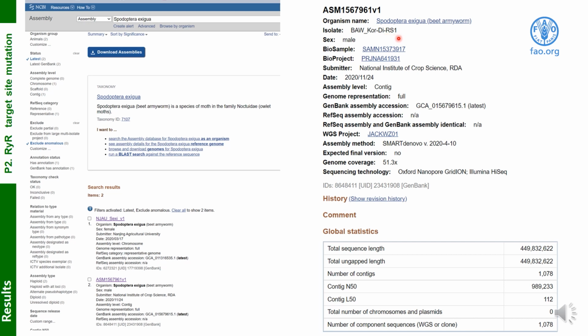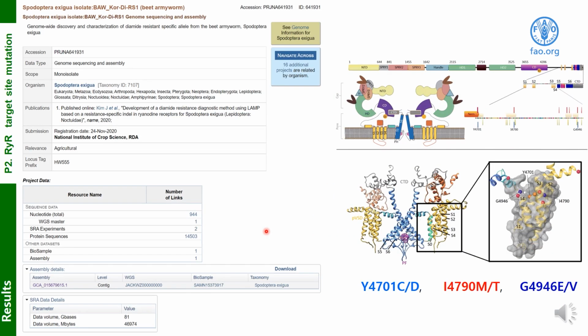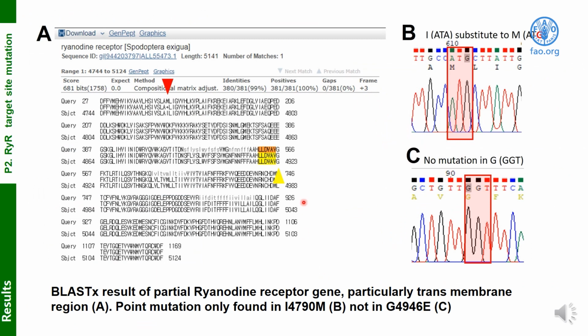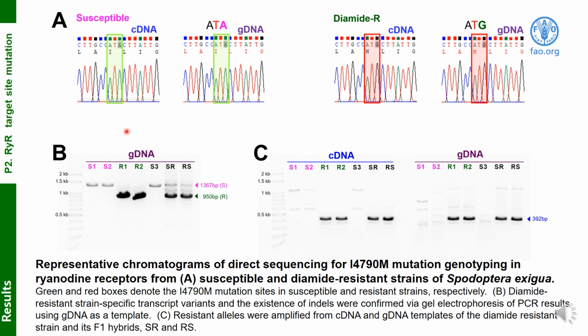We set the whole genome dataset and tried to find whether these mutations existed. As a result, only one point mutation, the I2M point mutation, was identified. This mutation existed at both the cDNA level and the genomic DNA level, and we checked.